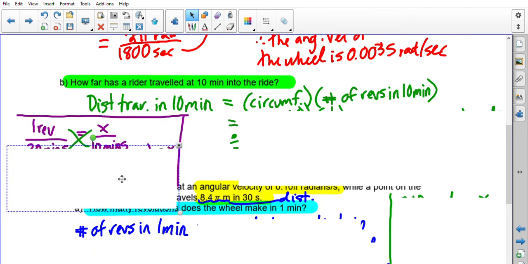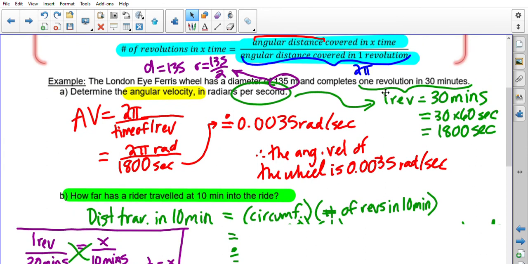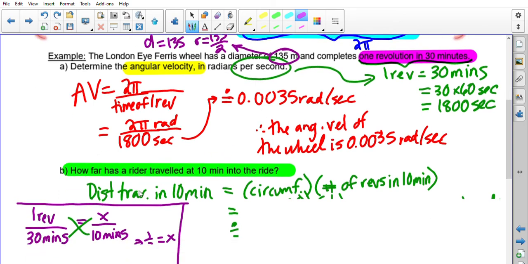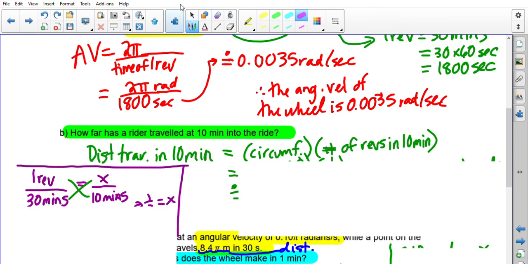What do we know? They always give you enough information that you'll be able to solve for the missing value. What we do know from the question is that it completes 1 revolution in 30 minutes.